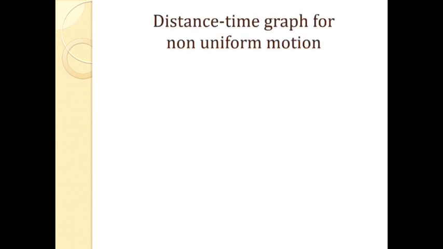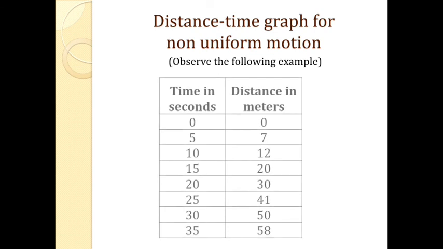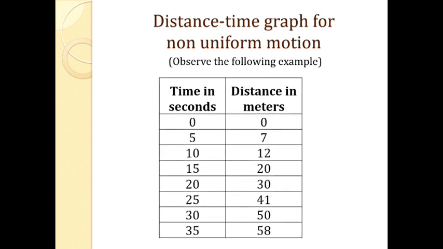Now see the distance time graph for non-uniform motion. Observe the following table. This table shows time and distance. On the left hand side, if you focus on the first column, it shows the time interval of 5.